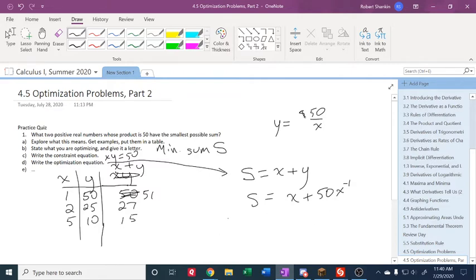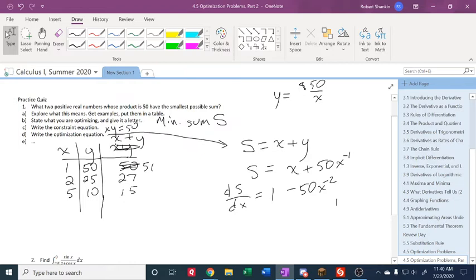And then I'm going to minimize S. I'm going to guess that this is a graph that has a low point in it. dS/dx is 1 minus 50x to the minus 2. And then I'm going to set this to 0 to minimize it. Bring the 50x squared over to this side.